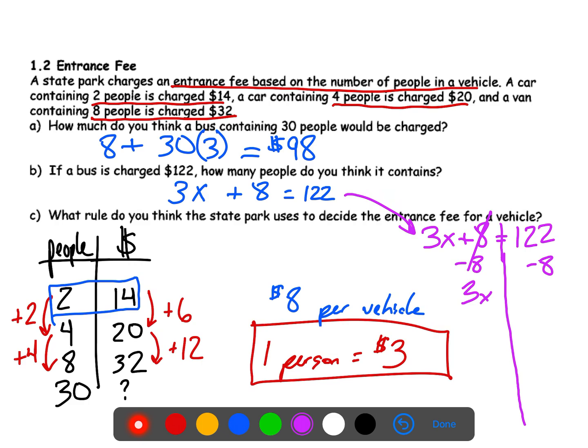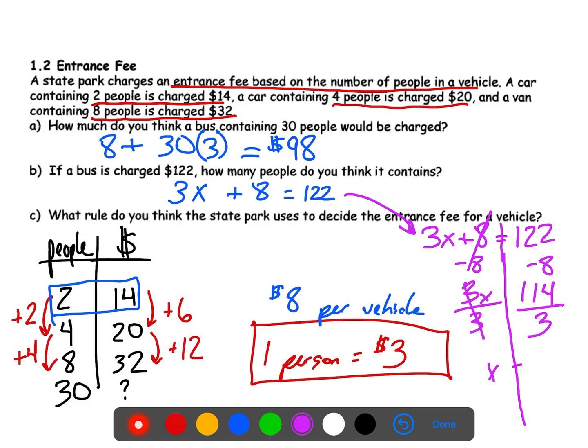3x is equal to what the bus paid minus the $8 vehicle fee. So we are at 114. Now I'm going to divide this $114 by $3 because that was the cost for each person on that bus.